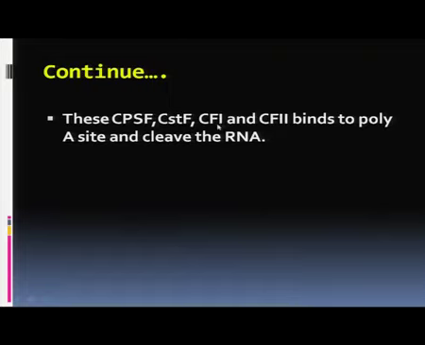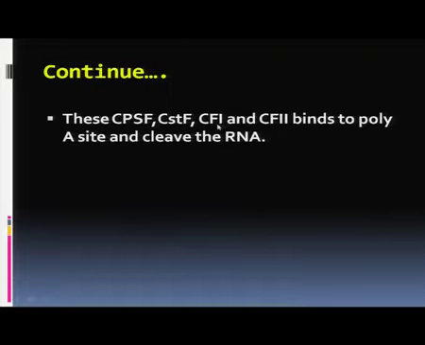After the formation of the complete RNA transcript, this CPSF and this CSTF join together at the poly A site, and the 2 cleavage factors CF1 and CF2 also attach to the RNA transcript and cleave the sequences. You can see over here, this is the cleaved part, here it is a 5 prime end and here it is a 3 prime end.